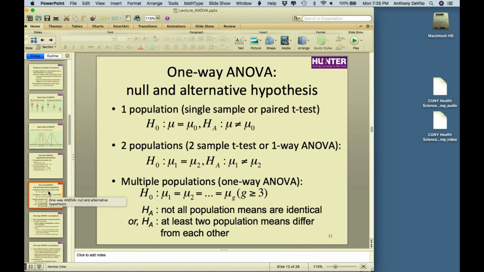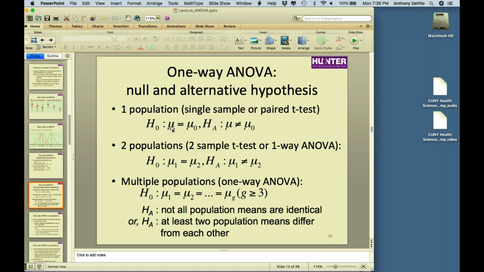Okay, so what are our null and alternative hypotheses? Going back to the t-test: if we did a single sample t-test, our null hypothesis was that the mean of the population that we're sampling is equal to a known mean, mu0.